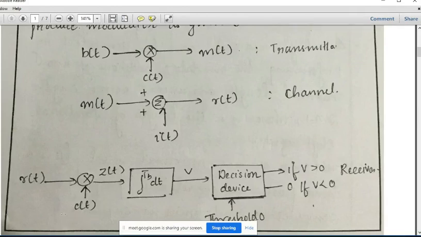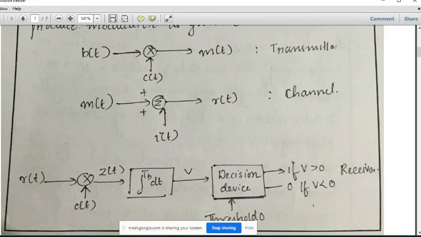For coherent synchronous detection, the same c(t) is used in the receiver. So r(t) is given to a product modulator supplied by the PN signal, and the output of the product modulator is z(t).